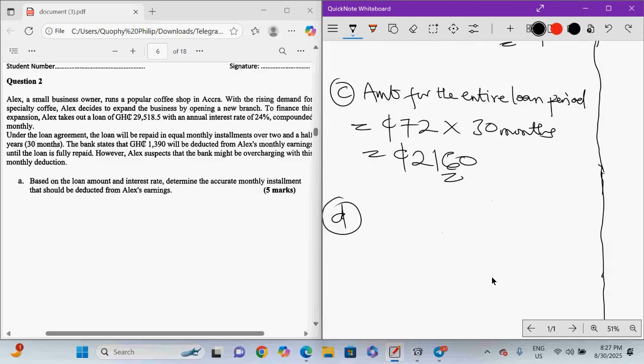So how do you get the effective rate? What is the formula for the effective annual rate? Is it 1 plus i divided by m, exponent m, minus 1?